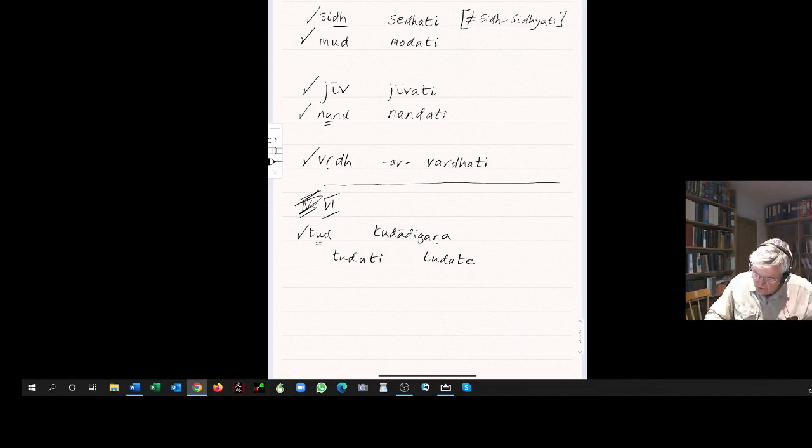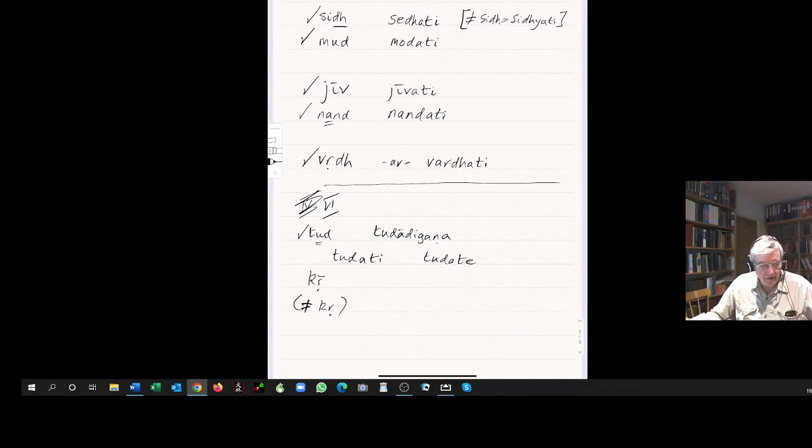Let's take another example. The root kṝ, with a long ṝ, not the same as the short ṛ, kṛ, which means to do or to make. This kṝ, with the long sound, means to scatter.